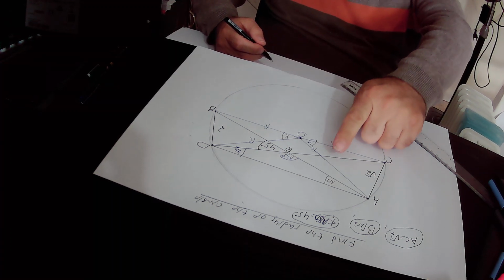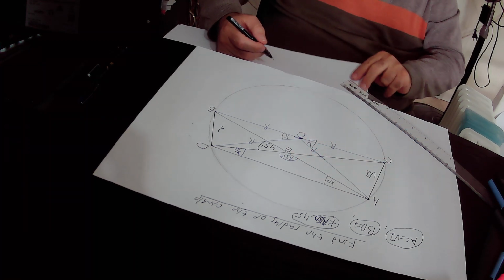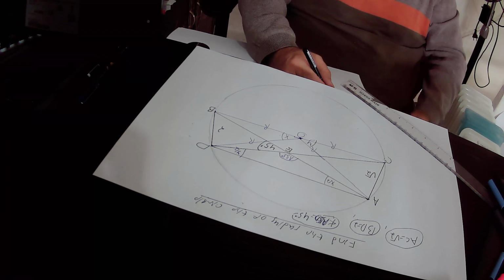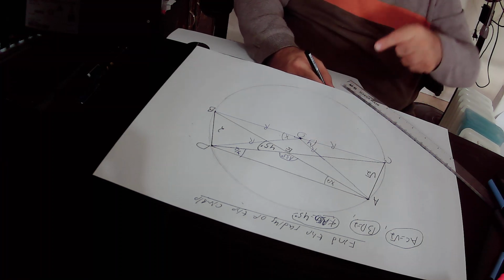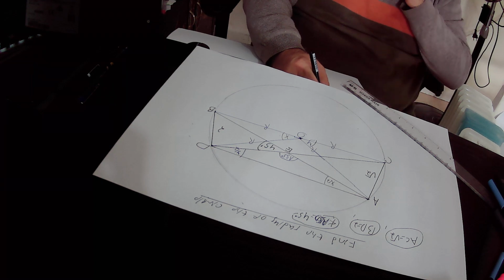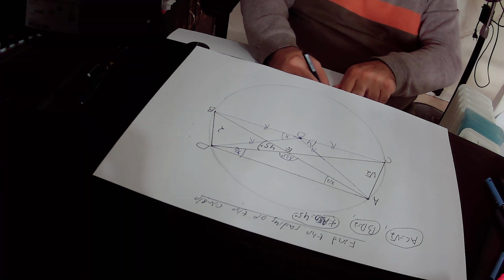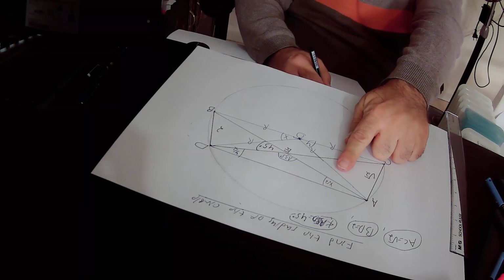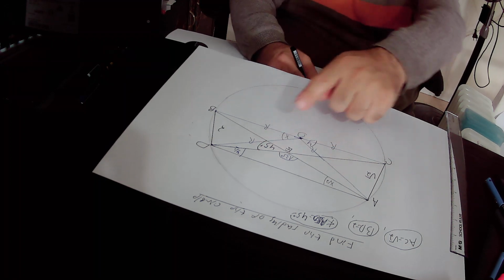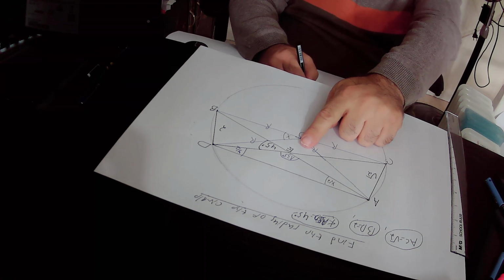In the next step, we'll focus on triangle AED. In this triangle, the sum of the angles must be equal to 180 degrees. So which angles do we have? We have this angle x over 2 plus this angle y over 2 plus this angle that is 135 degrees in its size.